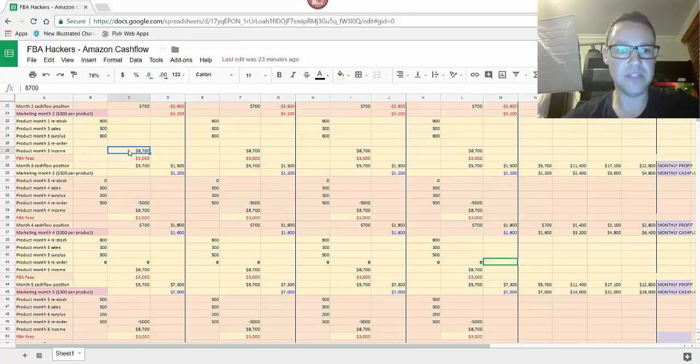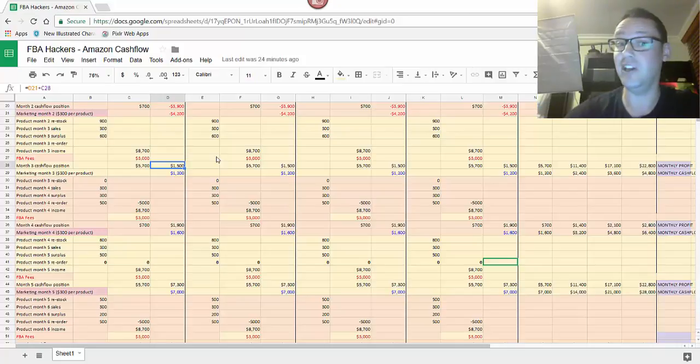So our income's still 8,700 and we've got our fees. So our actual cash flow position for month 3 is 5,700. So this figure here is negative 4,200 plus 5,700. So our cash flow position is finally positive, but it's taken us 3 months, right?